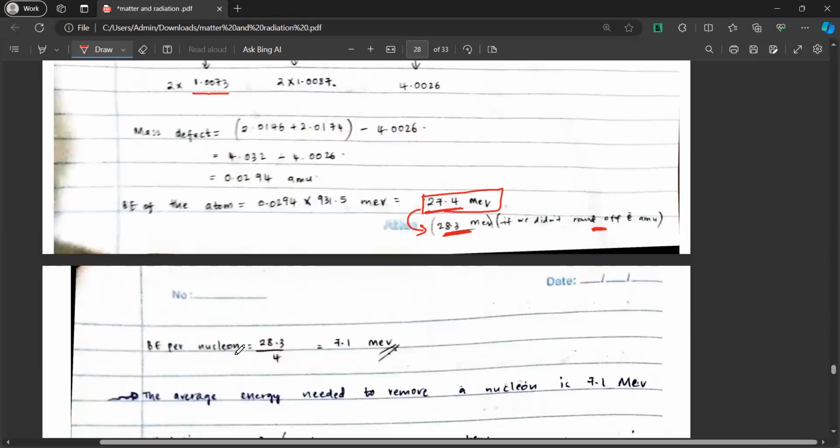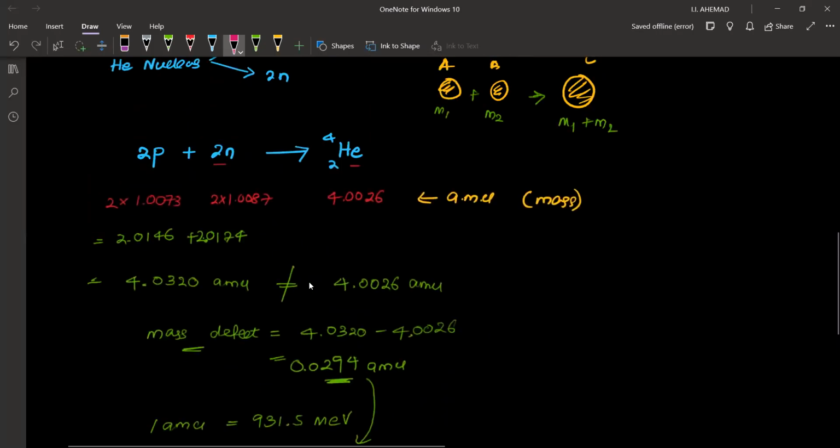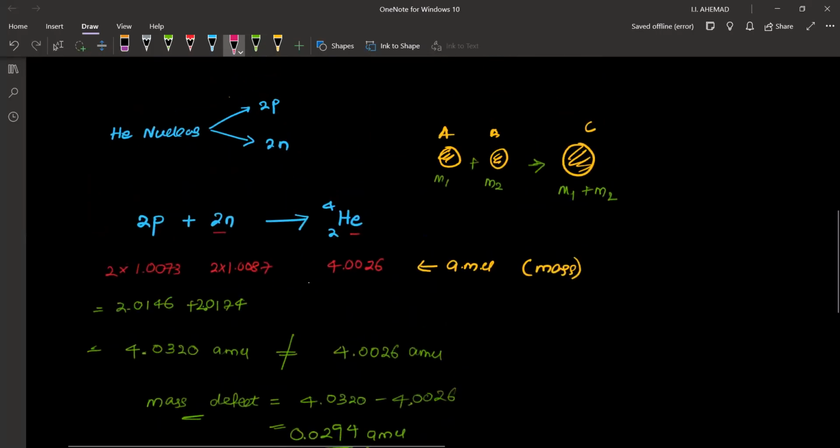Did you all get the idea here? The idea is, if two things combine to form another object, we expect the sum of the masses to be equal to the mass of that combined object. But in the case of the nucleus, it is not as we expected.